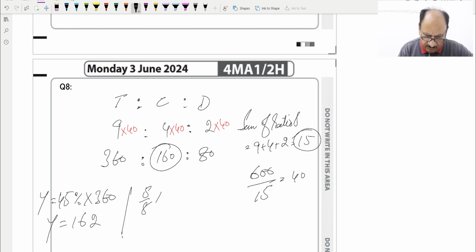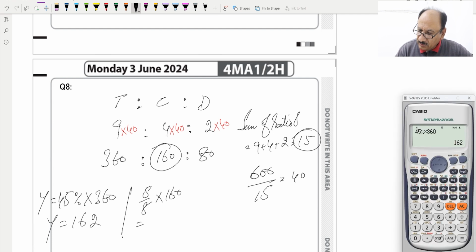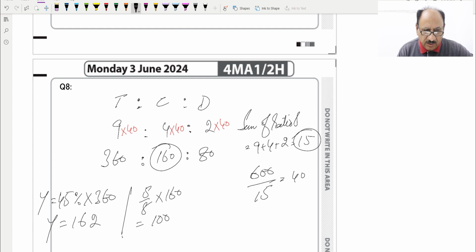Basically this will be 5 by 8 of 160, we need to calculate. This will also be for yellow, so we can calculate 5 over 8 multiplied by 160, which is equal to 100. So these yellow are 100, and they're saying all the daffodil bulbs are for yellow flowers. So this will be 80, all yellow.